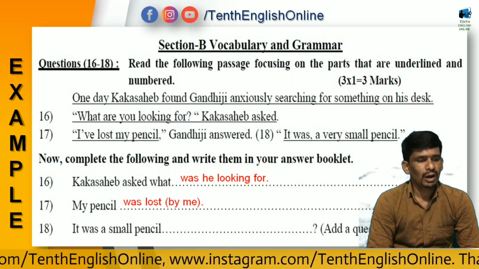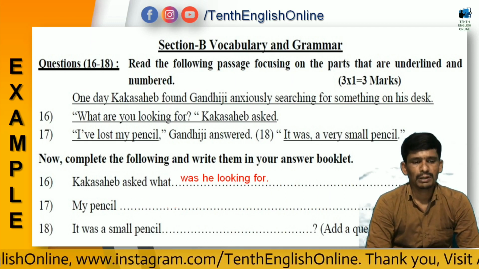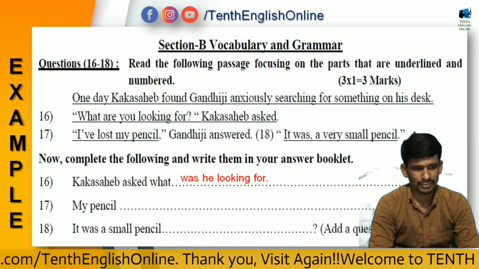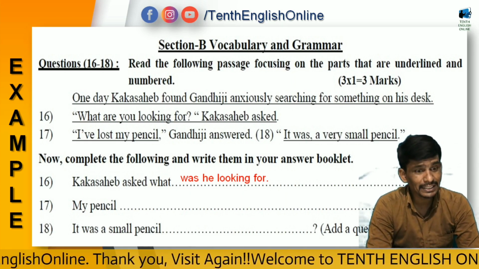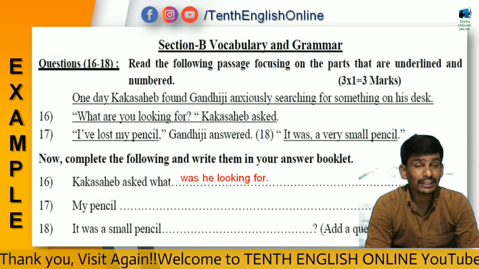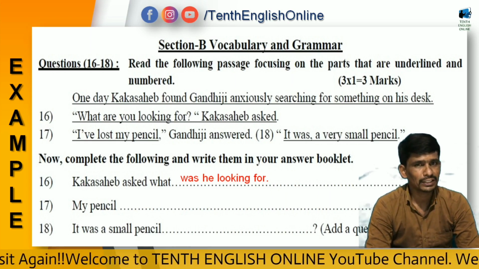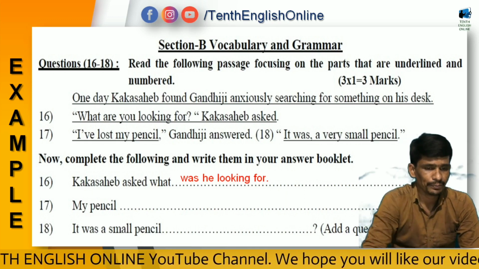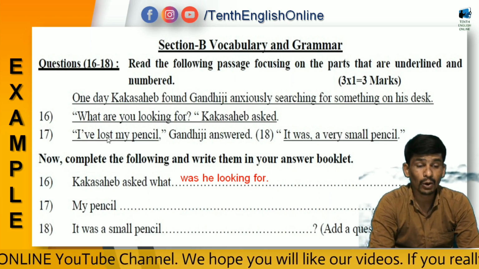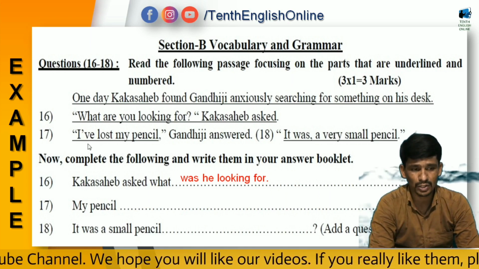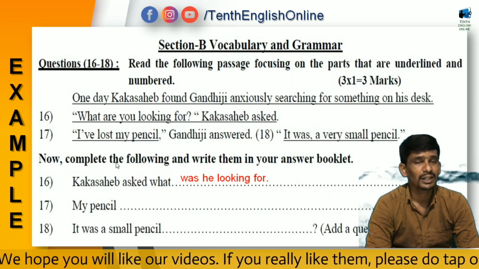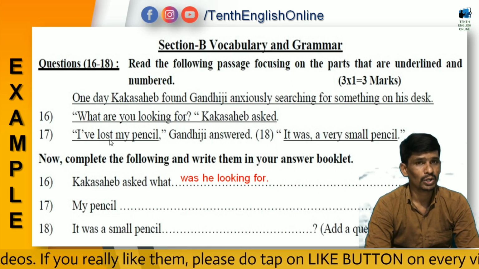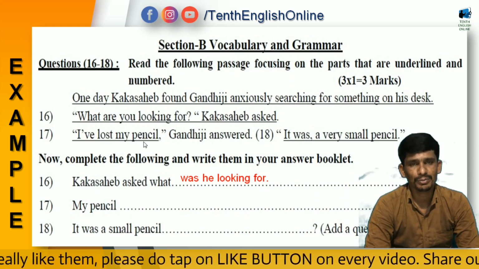Next, I have lost my pencil. This is in the active voice, so we have to change it to passive voice. I have lost: what tense is this? I is the subject, have lost the verb, my pencil the object.